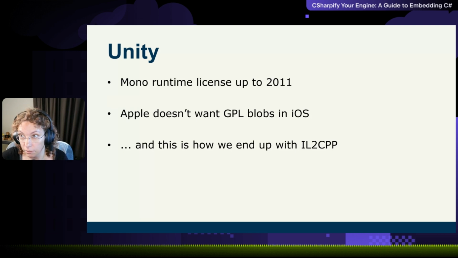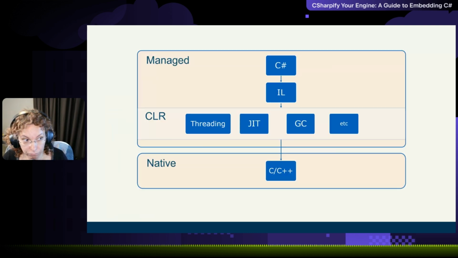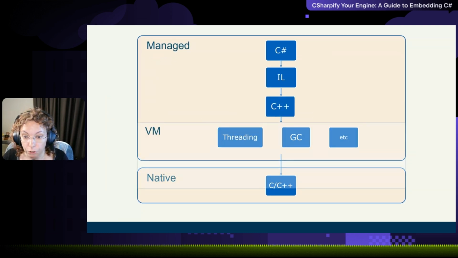Then it's no longer running in that VM, which is licensed badly, and they can do their game engine. So this is what Unity looks like. It's an extra step at compilation time to execute the C#.